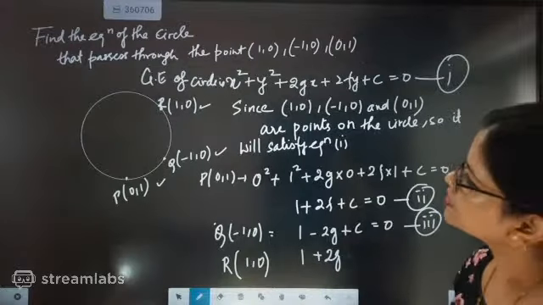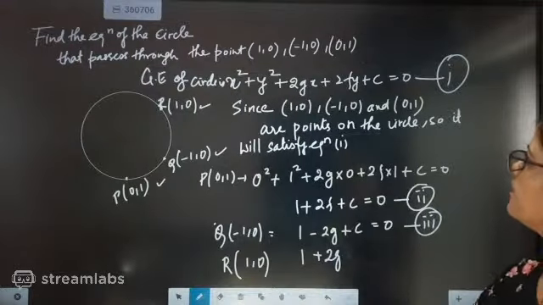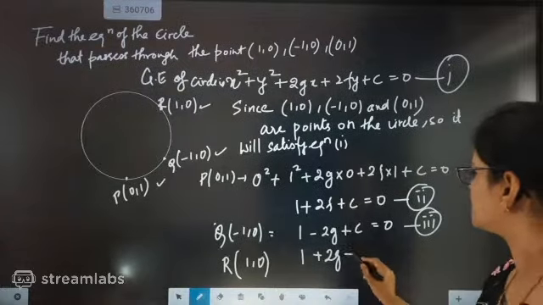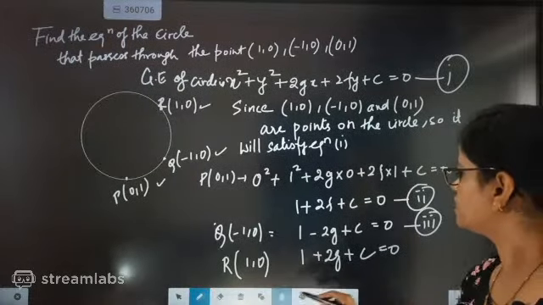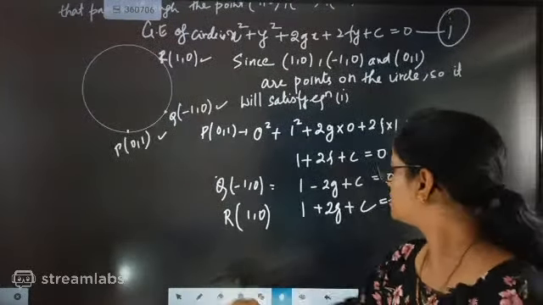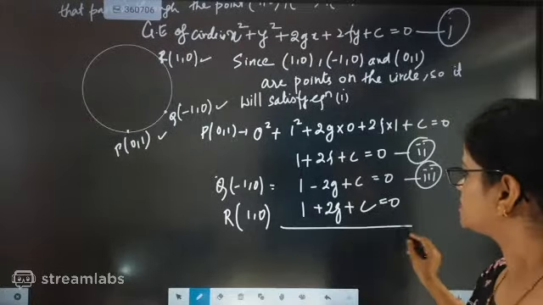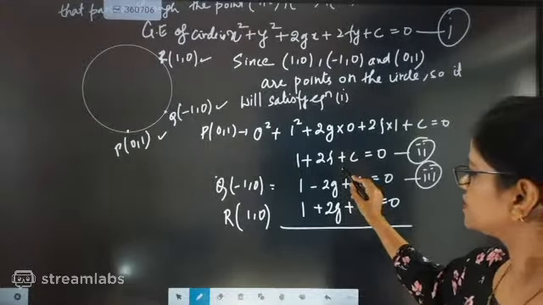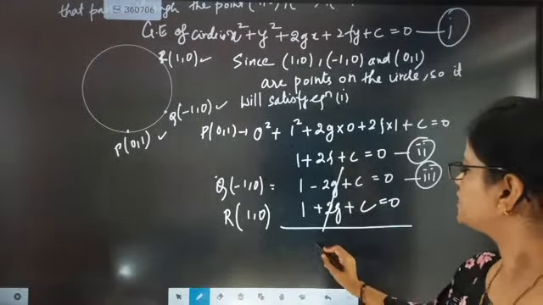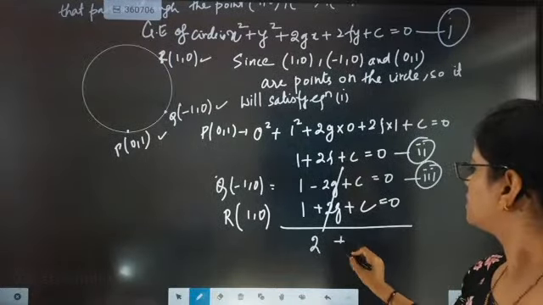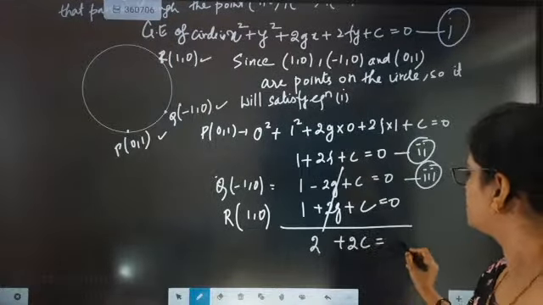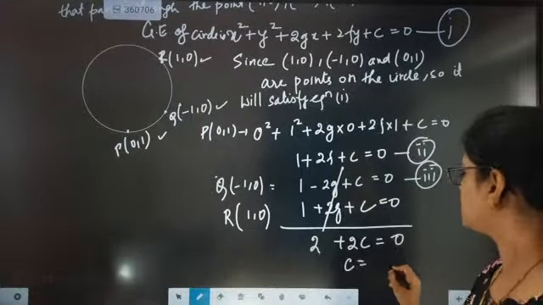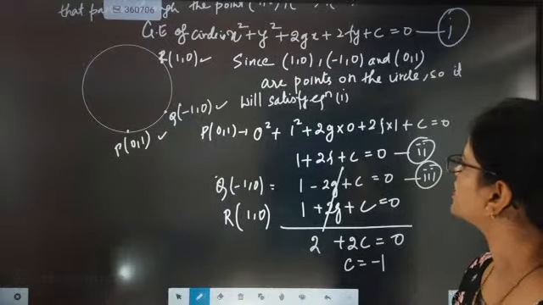The f part will become 0. Okay, I hope I have not made any mistake. c is coming as c equal to 0. Now if we add these, it is coming as 2 plus 2c equal to 0. So c equal to minus 1. c is coming as minus 1.